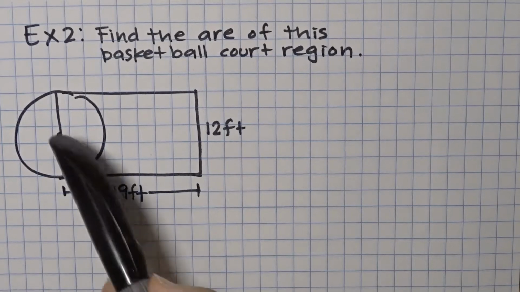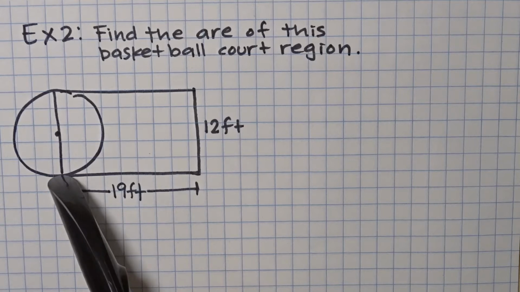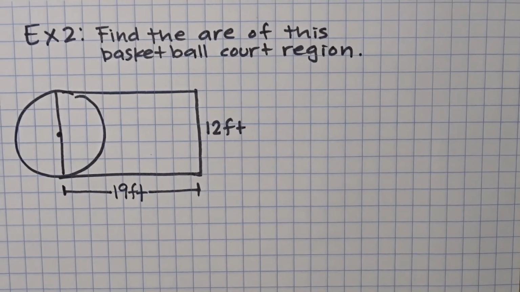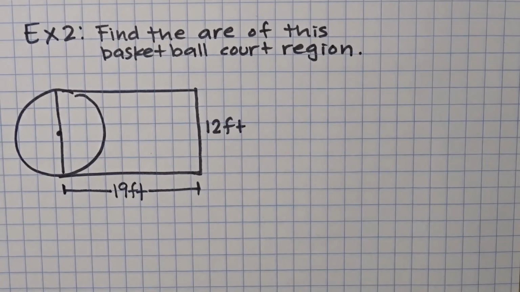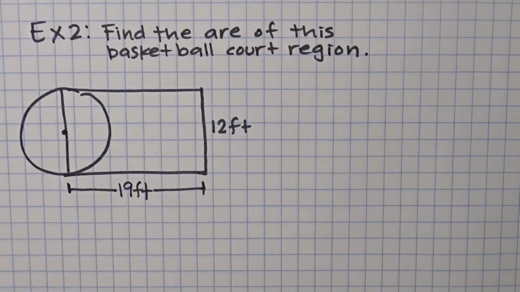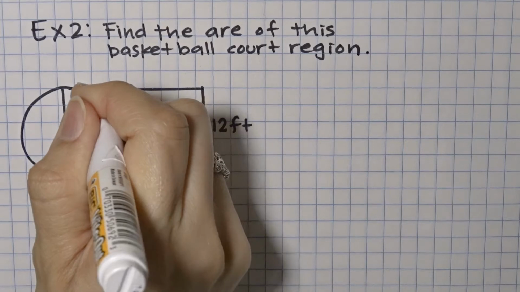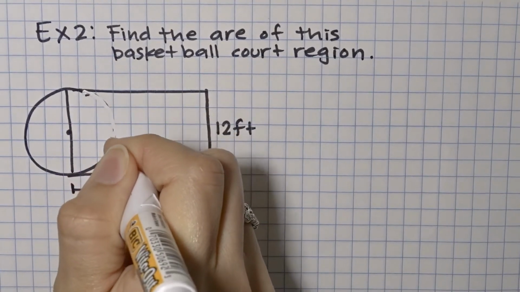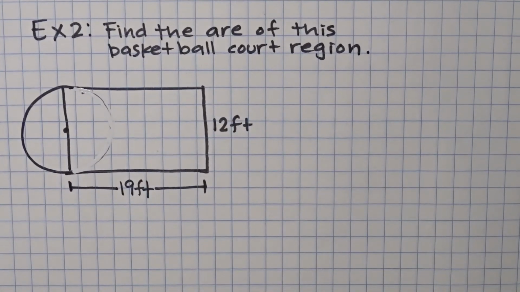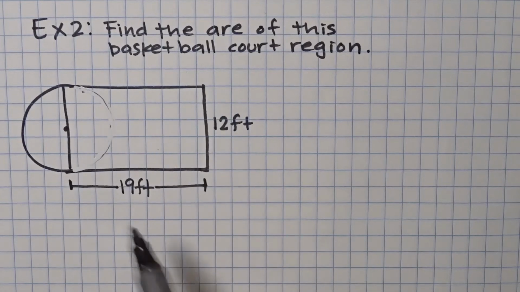Instead, you should have noticed that it's actually a rectangle here, this whole thing, plus an additional semicircle. So that's the idea. We're going to add a semicircle and a rectangle together. Just for the sake of explaining this, I can take my whiteout pen and ignore this line here, because we are not going to worry about that line since we see it as a semicircle and a rectangle.